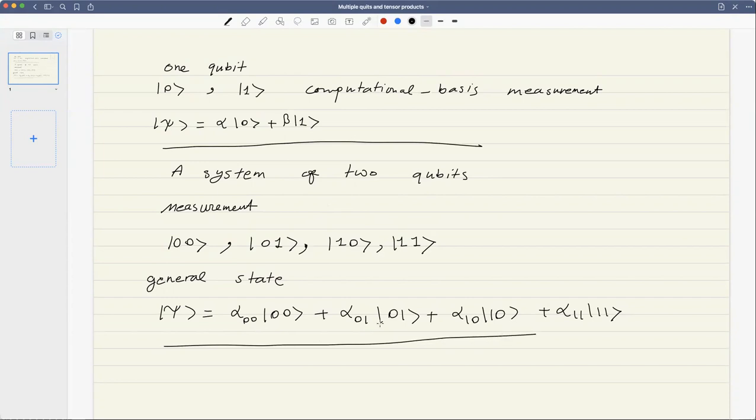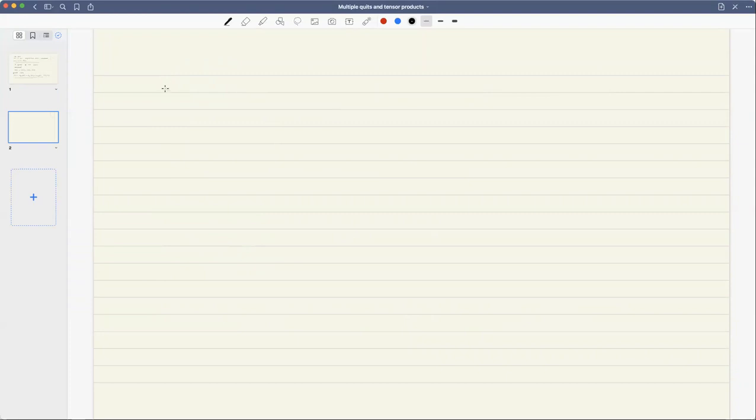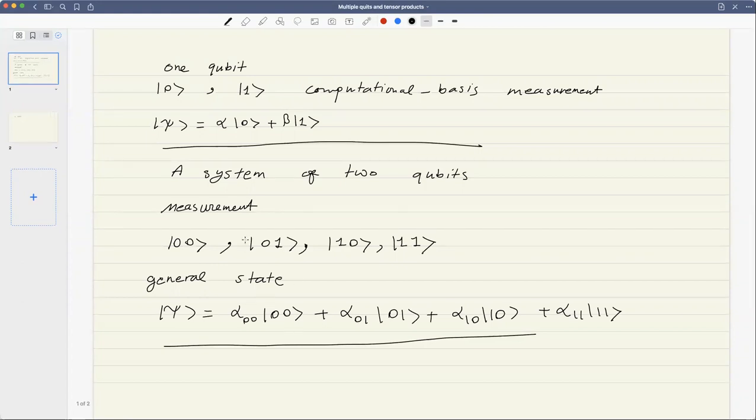And we can continue with this line of reasoning. So for example, if I have 3 qubits, what can happen? You make a simultaneous measurement in the computational basis, and now you see the number of possibilities doubles, right? Suppose these are the state for the first 2 qubits, and then the third one for each of these can be either 0 or 1.